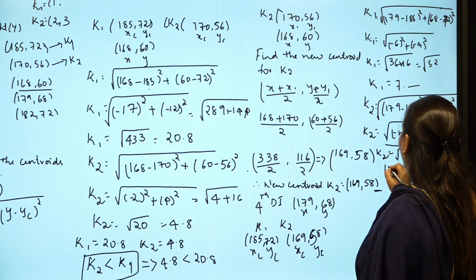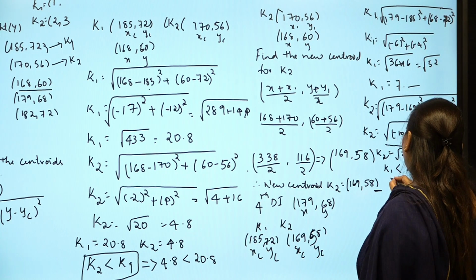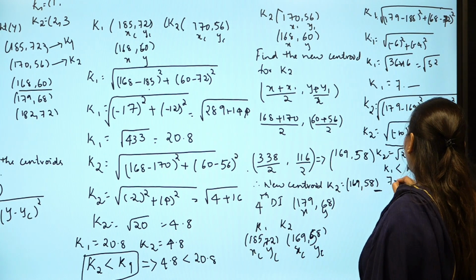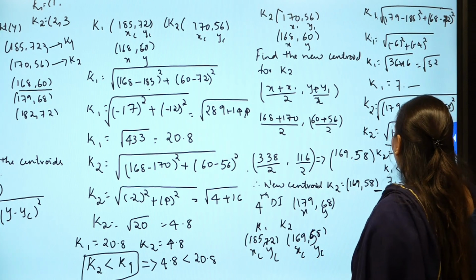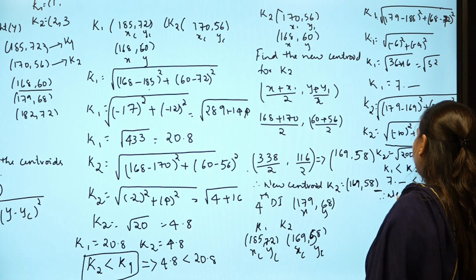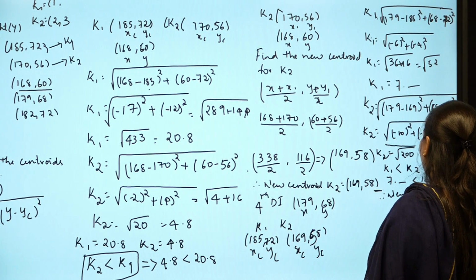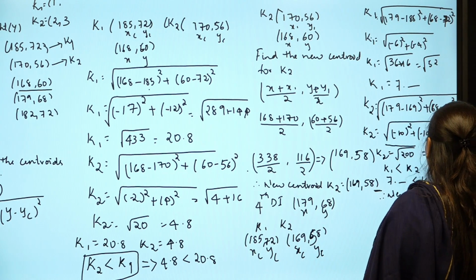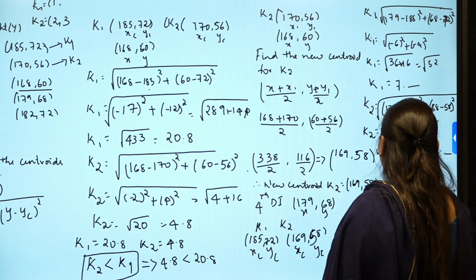Now here if you all can see, K1 is less than K2. K1 value is 7 point something, which is less than 14 point something. So now you need to find the new centroid for K1. What is the old one you have?